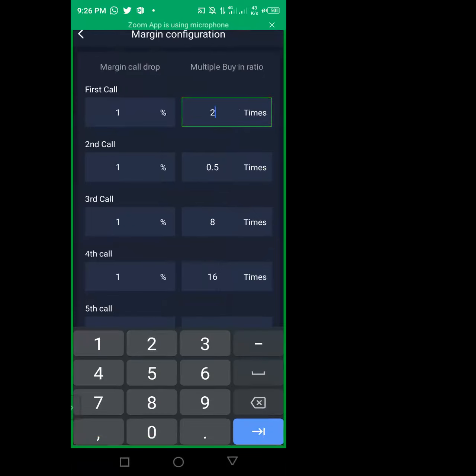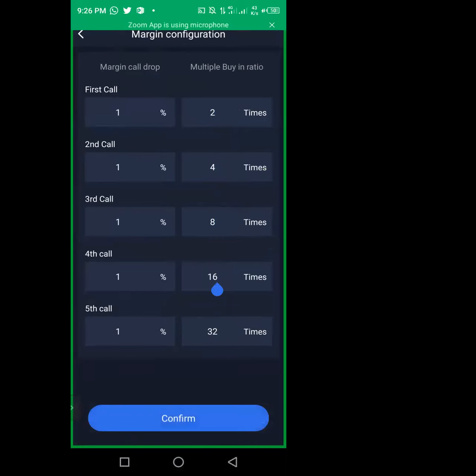In margin configuration, this is the default. It uses the martingale strategy. In the times column you see 2, 4, 8, 16, 32. That is the martingale default to buy margin.